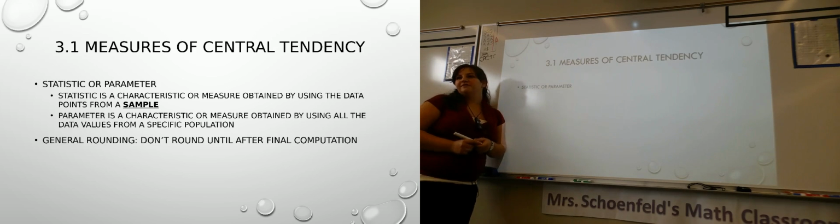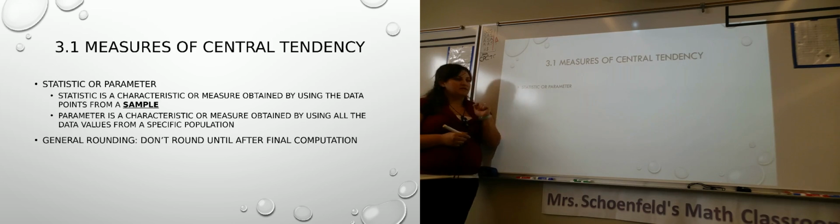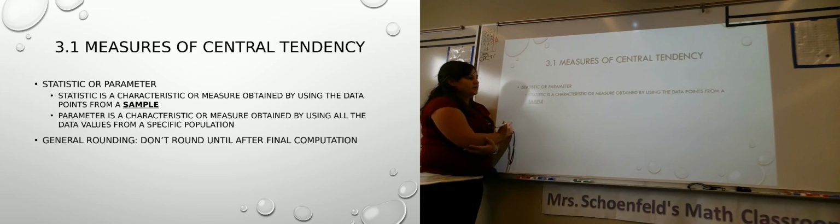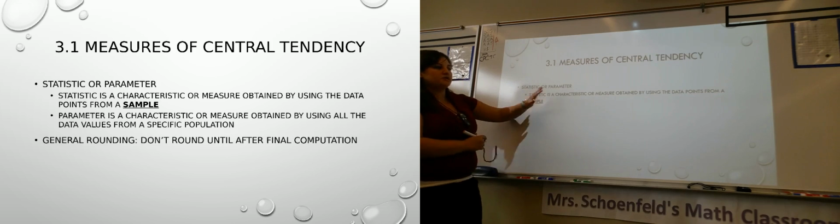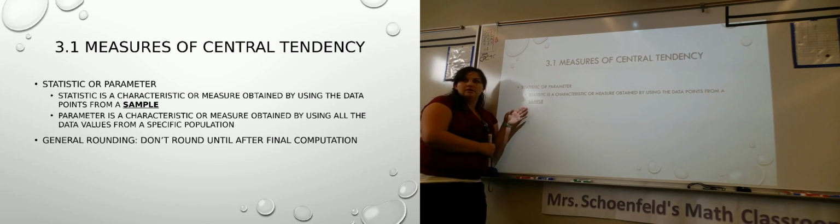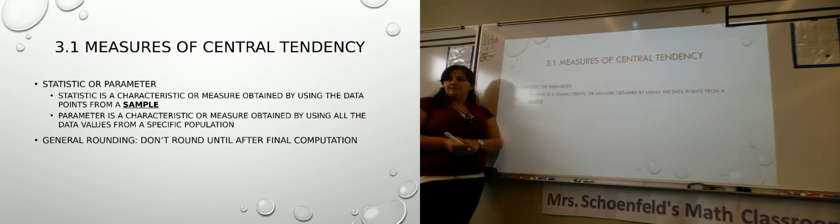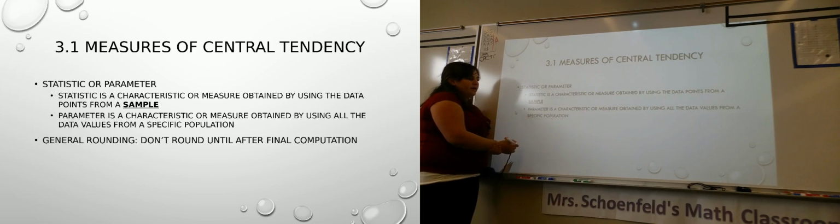There are 2 different types of things that we're going to be talking about: either a statistic or a parameter. A statistic is a characteristic or measure obtained by using the data points from a sample. Most of the things that we talk about are going to use samples. However, sometimes we talk about a population.